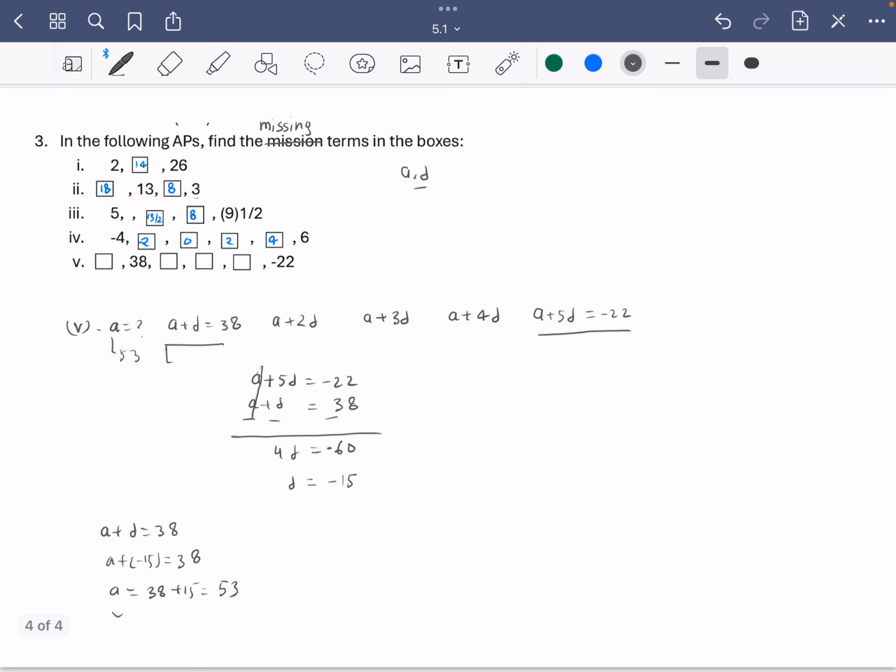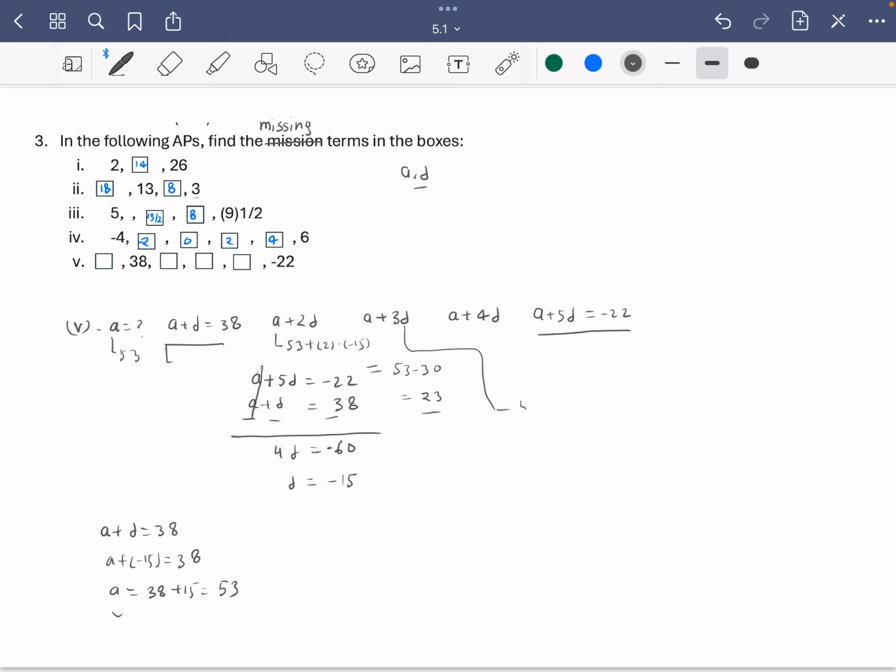A plus 2d, this one here, is 53 plus 2 times negative 15, which is 53 minus 30, which is going to be 23. And then this one, a plus 3d.